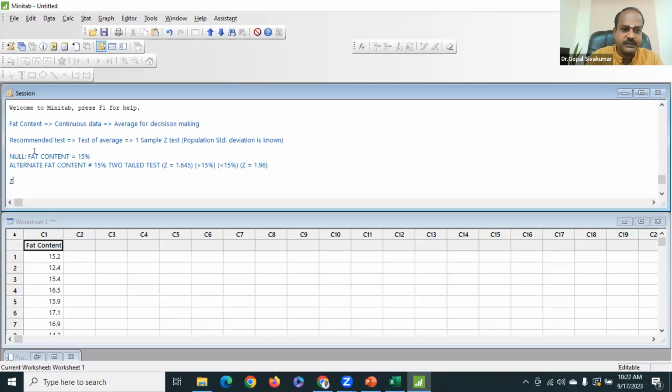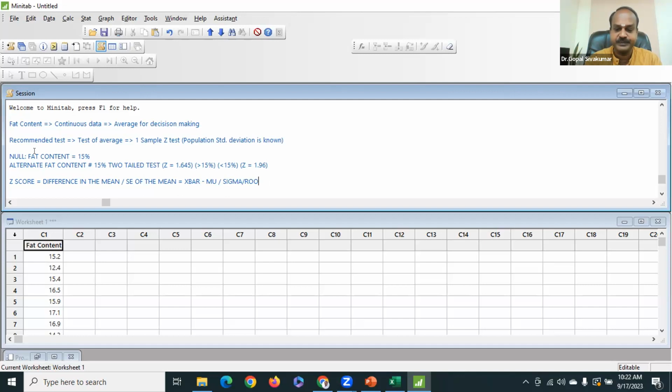Now, in order to calculate the z-score, the formula is difference in the mean divided by standard error of the mean. What is the formula? Difference in the mean divided by standard error of the mean. So this is what is written as x bar minus mu divided by sigma by root n, isn't it?